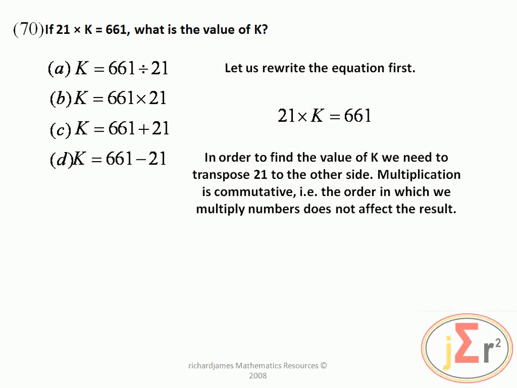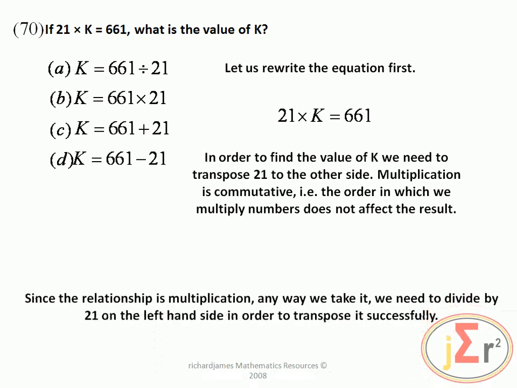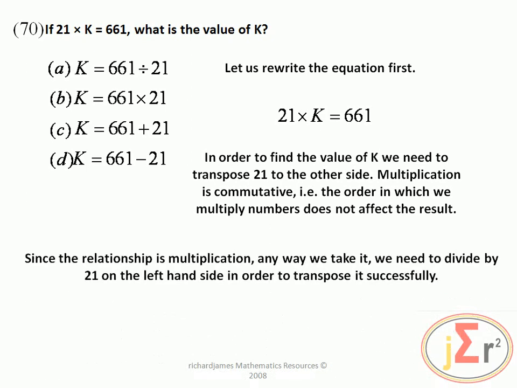Multiplication is commutative, that is, the order in which we multiply numbers does not affect the result. Since the relationship is multiplication, any way we take it, 21 multiplied by k or k multiplied by 21, it is still multiplication. We need to divide by 21 on the left hand side in order to transpose it successfully.